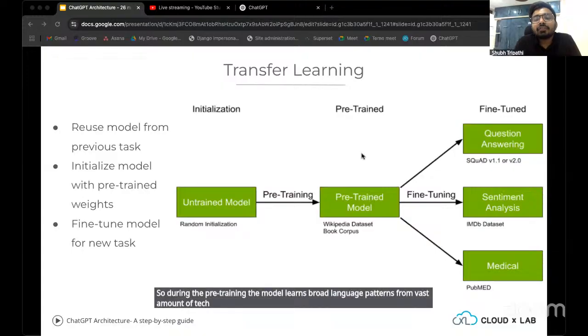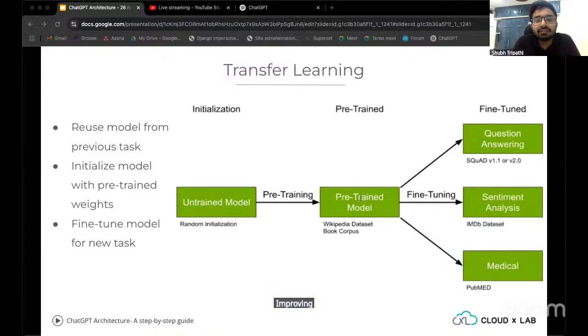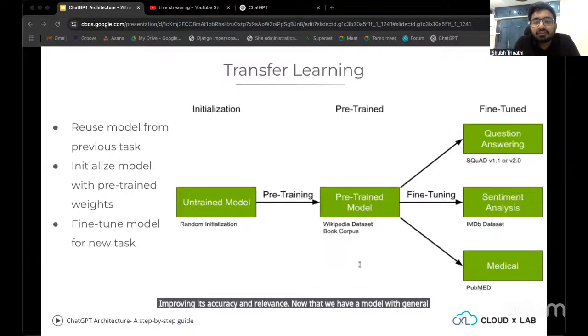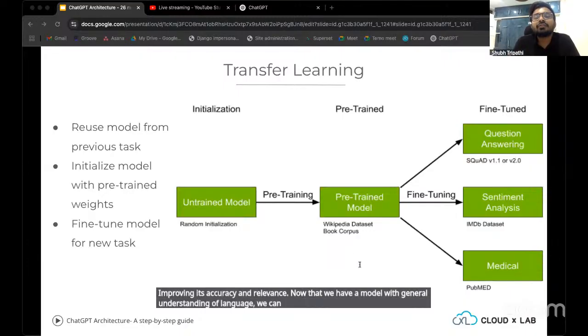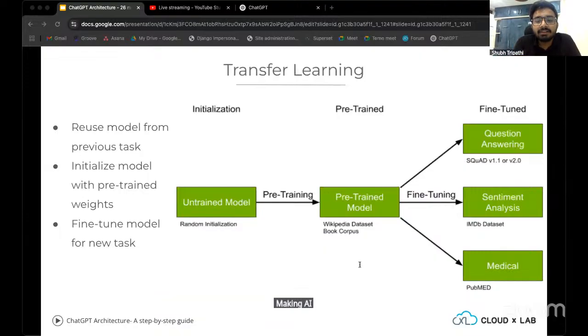Then instead of starting fresh, we take this trained model and repurpose it for different tasks. A smaller domain-specific dataset is used to adapt the model to a specific application, improving its accuracy and relevance. Now that we have a model with a general understanding of language, we can easily fine tune it for tasks like medical diagnosis, legal document analysis, customer support, and more, making AI practical and scalable across industries.